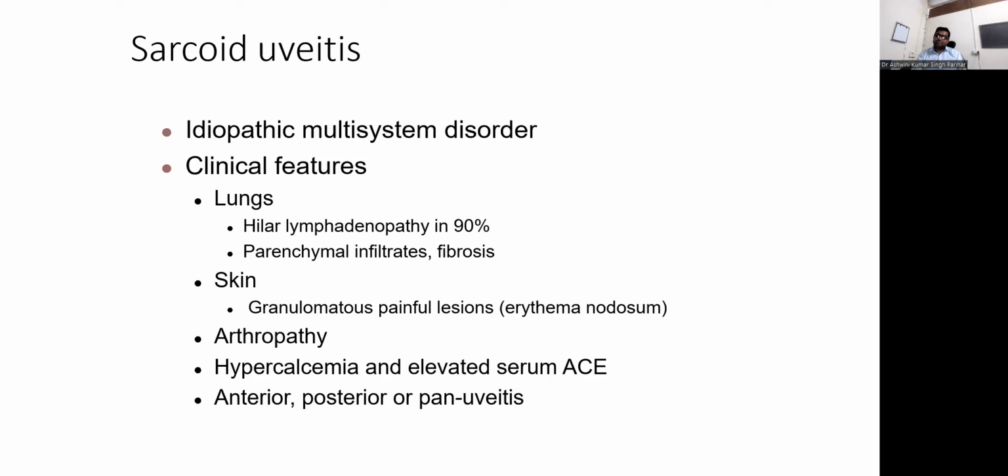Another thing, sarcoid. As I mentioned, sarcoid is a multisystem disorder which affects the skin, lungs, bones, and eye as well. Whenever a patient presents with erythematous lesions over the skin along with respiratory problems, get an X-ray done and see if there is hilar lymphadenopathy or infiltrates in the lungs.